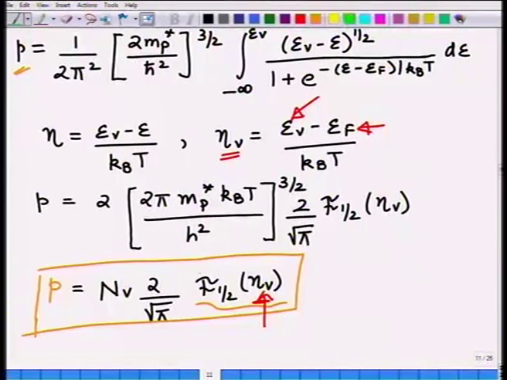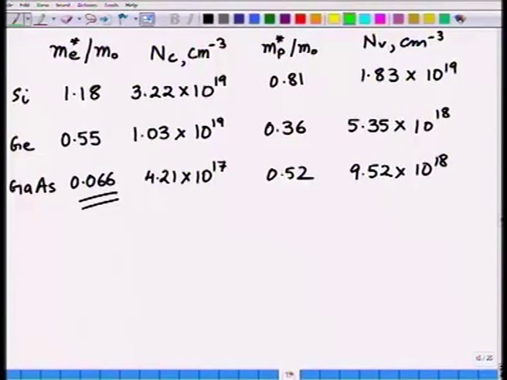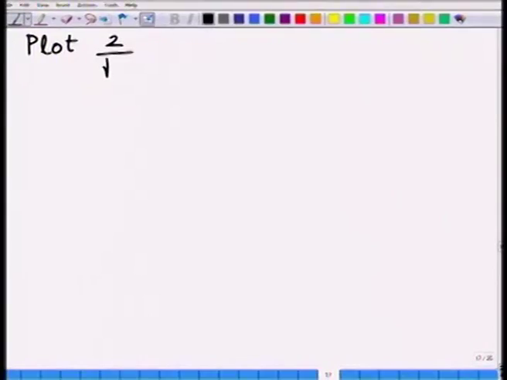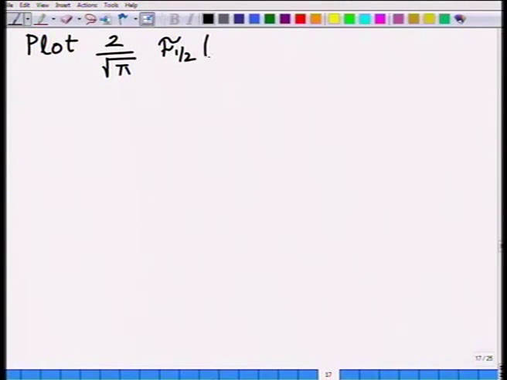Now, let us have an estimate for the Fermi-Dirac integral of order half also. Let us try doing that one also. So, what I am going to plot is 2 over root pi times the Fermi-Dirac integral of order half. This is the quantity I am going to plot.